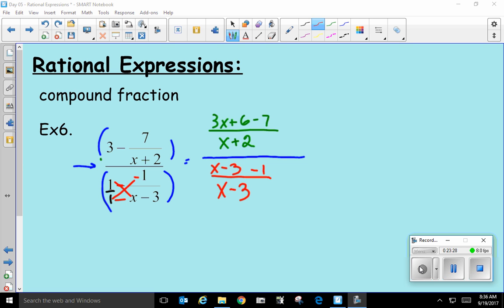Let's simplify it. The top here, I can combine these two. I get 3x minus 1. The bottom here, I can simplify it, and I get x minus 4. So I have 3x minus 1 over x plus 2 all over x minus 4 over x minus 3.